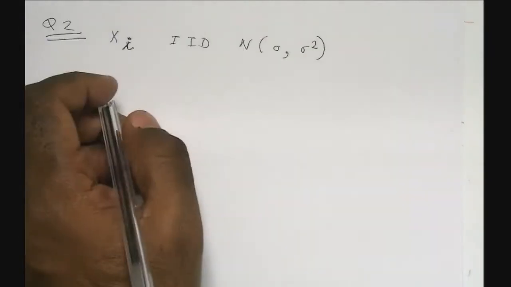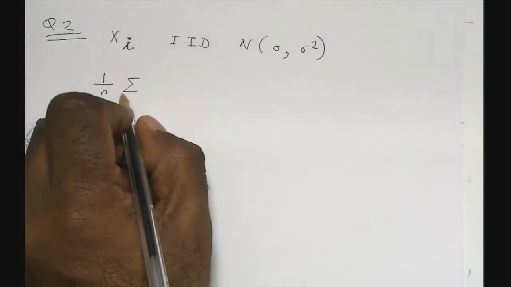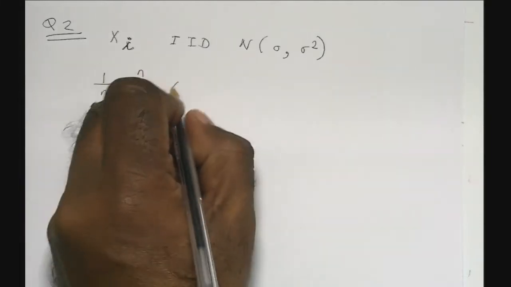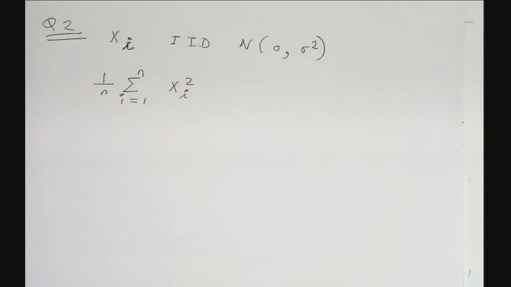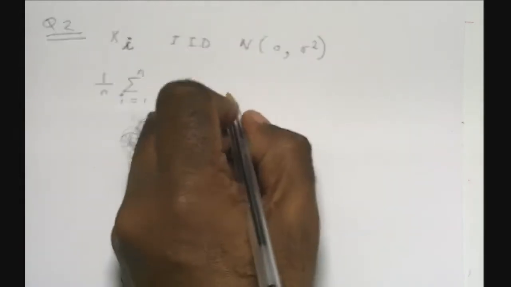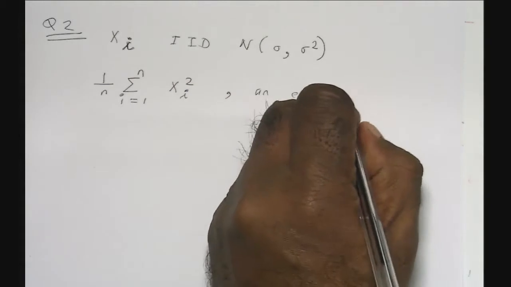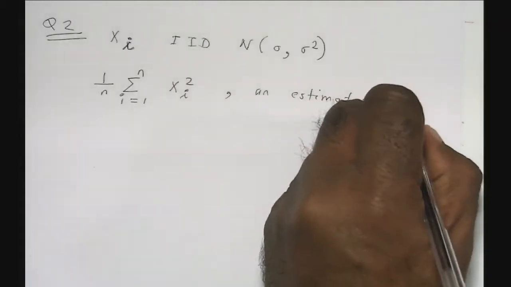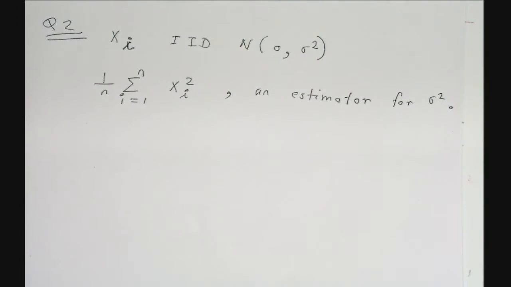And you're given the estimator 1 over n times the sum of Xi squared. This is an estimator for sigma squared, and you're asked to find the bias and the MSE.